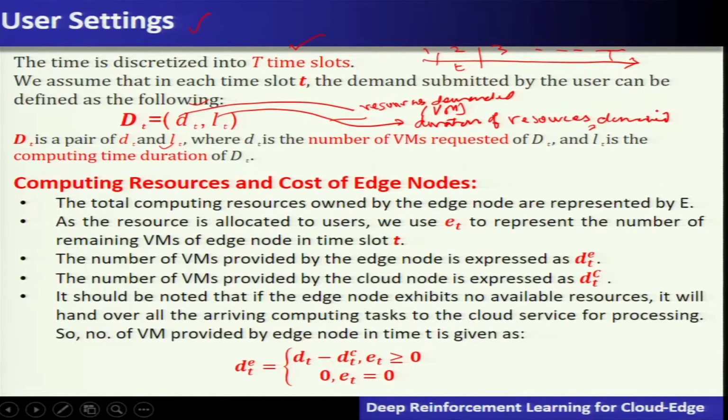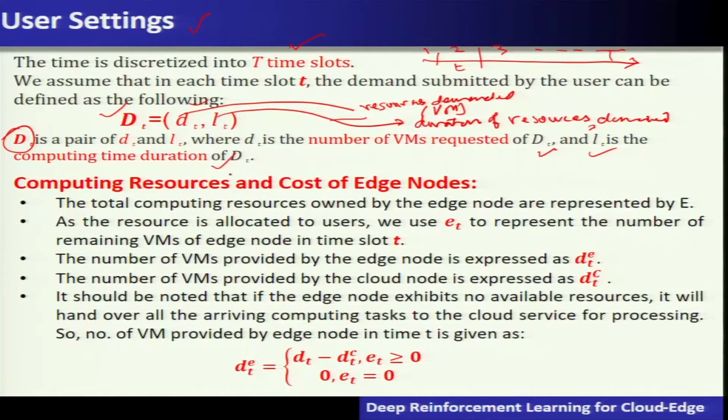Therefore, this d_t, that is the demand, is a pair of the number of virtual machines requested at a particular time slot t, and also the duration for which those resources will be required. So, this is going to define the demand.